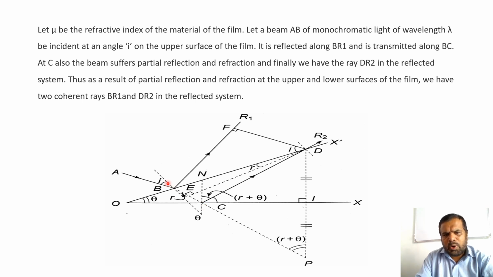Now produce the ray BC and draw the perpendicular to OX at point D. They meet at P. This is the angle of incidence I and this is the angle of refraction R, and this angle is R plus theta, and this angle is also R plus theta, and this angle is I and this angle is R.